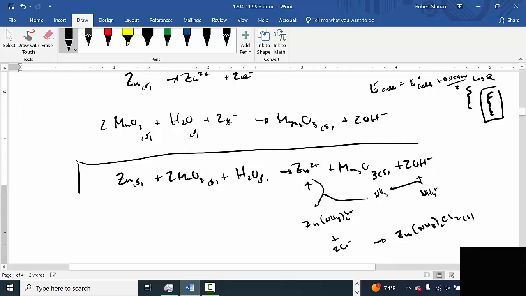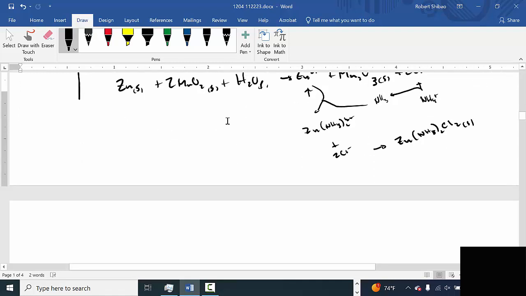So what's the overall reaction here? Let's go ahead and write that. The overall reaction is going to be this, and this is going to be present. We got lots of this present here. If you have lots of ammonium chloride, then its concentration doesn't change rapidly, because ammonium chloride is serving two purposes, and ammonium chloride is not so expensive, so we could have lots of it.